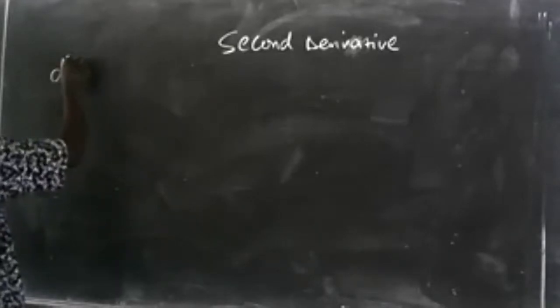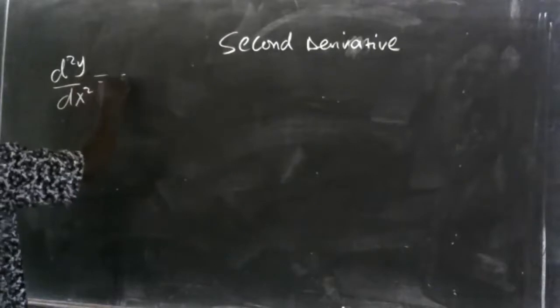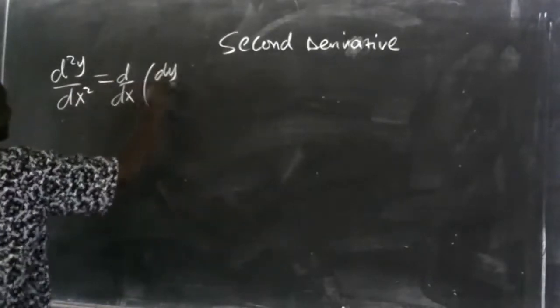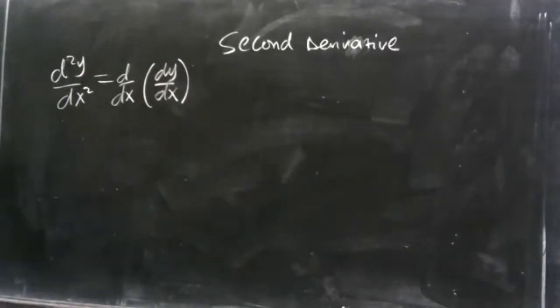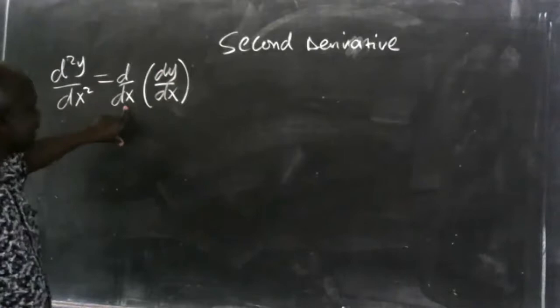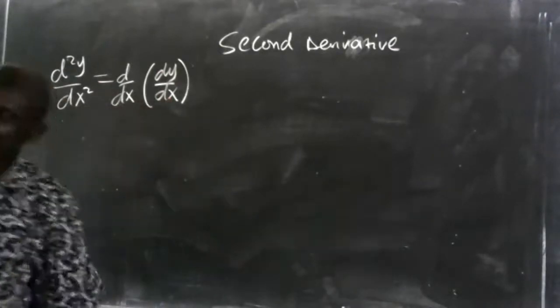The d squared y over dx squared is equal to d dx times dy dx. That's how we define the second derivative. If you have d squared y over dx squared, it is the same as differentiating what you have already differentiated with respect to that.